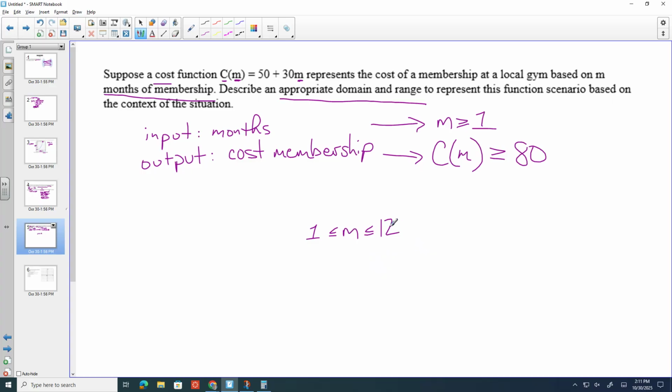So you could assume that the domain is values between 1 and 12. Well, then that would mean that your outputs for the cost could be as low as 80, or they could be as high as 30 times 12, which is 360, plus 50, which is $410. And so you could say that a reasonable range might be values that look like that.